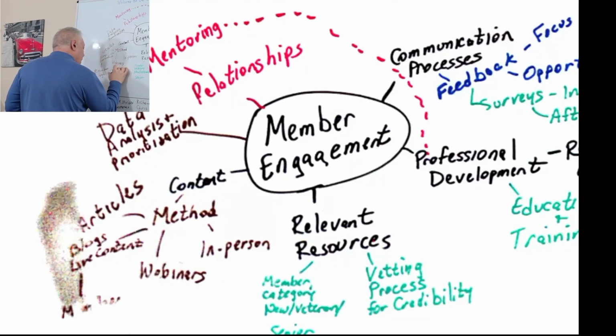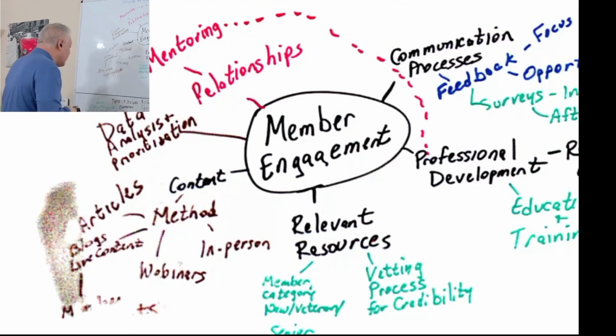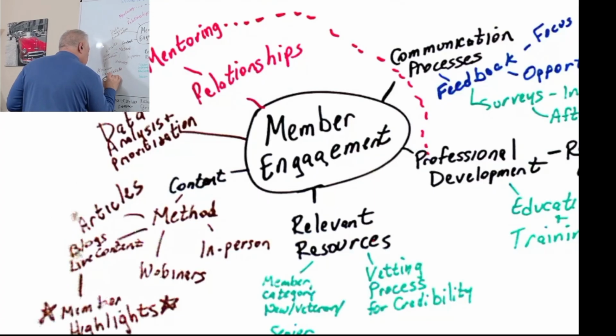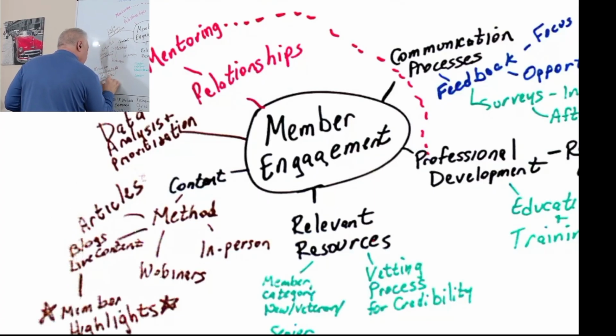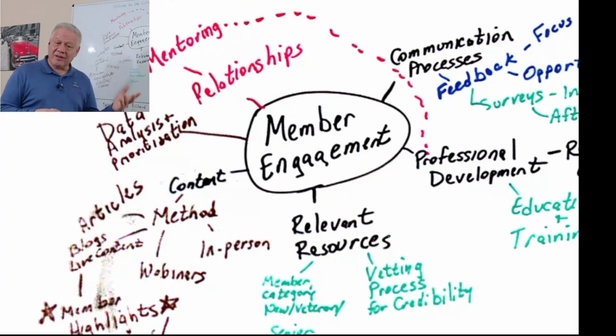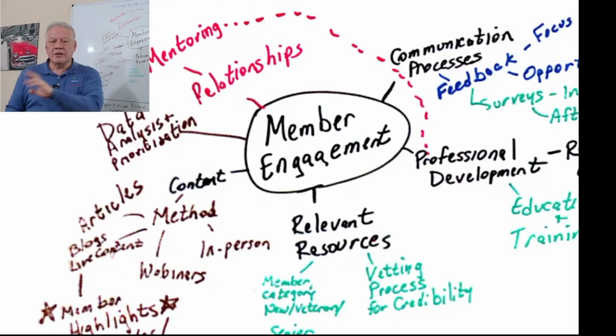Now, I'm thinking, we have a newsletter that we're putting back together, but member highlights, so that could be articles, that could be videos, or I don't know, is there any other content? I mean, just thinking like, hey, somebody published a cool article on LinkedIn, here's the link to it.